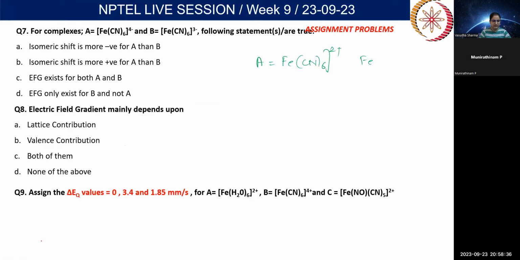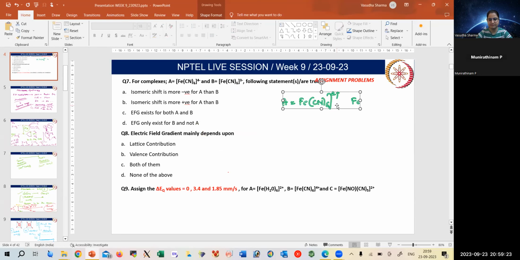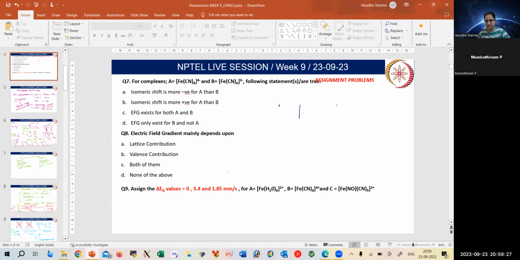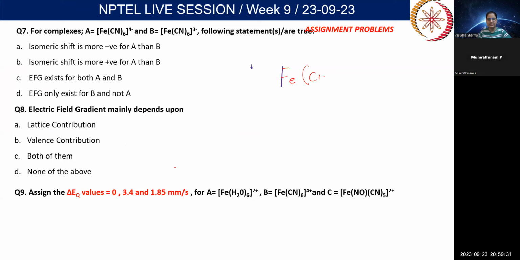Okay, so now just try this way. So if I'm having iron CN6 4 negative and iron CN6 3 negative.